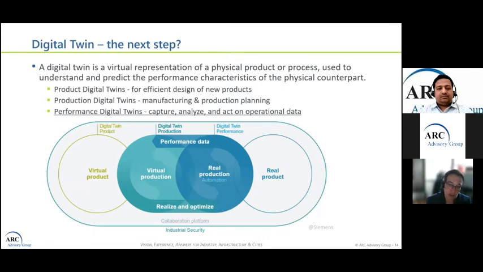When the digital twin grew up a bit, it went into the production digital twins. So it could actually contact the real production. You have a sort of back loop of information, problems that can be solved in the virtual world can be sent back into the real world. And all this is then influencing a real product. This third step, the performance digital twins, of course, can also create things like dashboards.